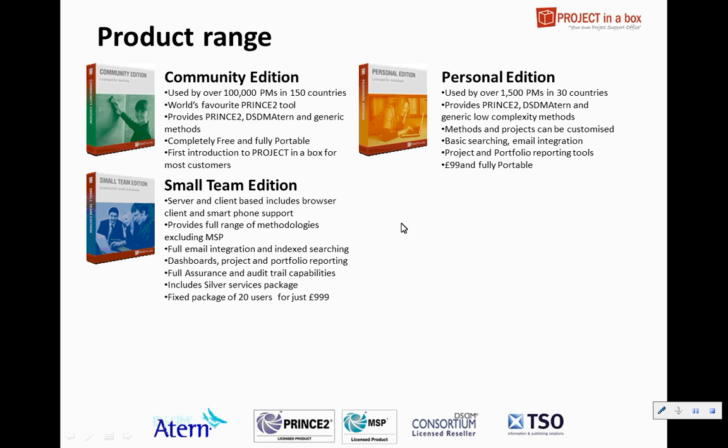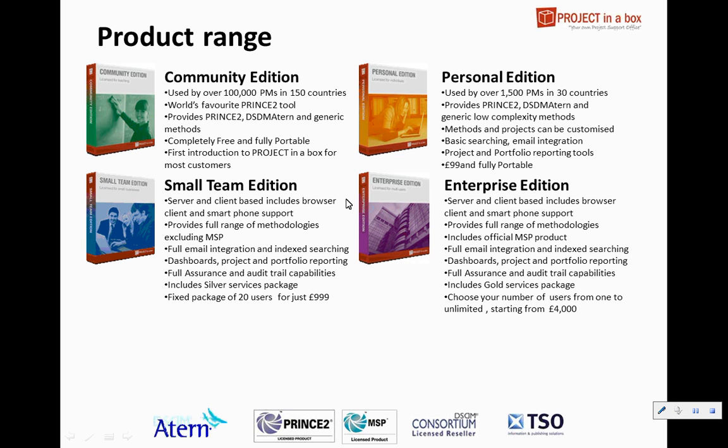And when we come to our multi-user platforms, it's the same technical product but just licensed in two different ways. The entry-level bundle of Small Team Edition for 20 users, £1,000, provides multi-user access, the full resourcing capability and reporting and assurance and audit trails, etc., as does Enterprise Edition, where you can buy the number of licenses you require for your larger implementations.